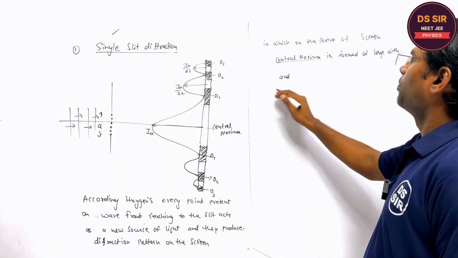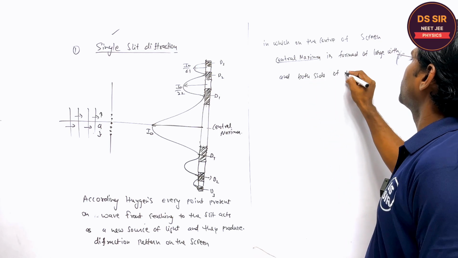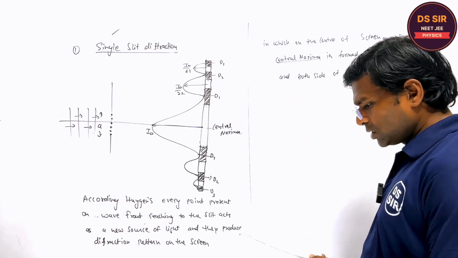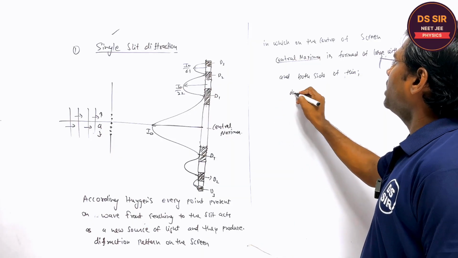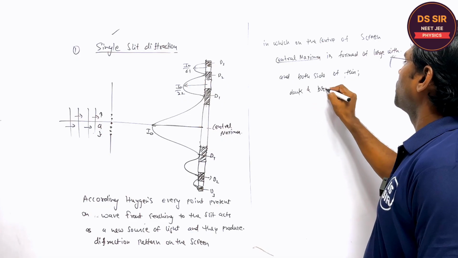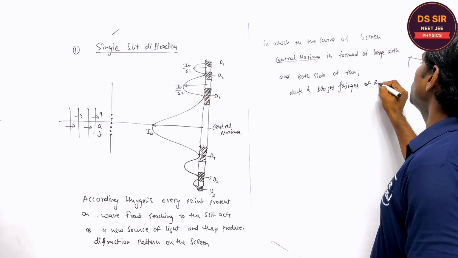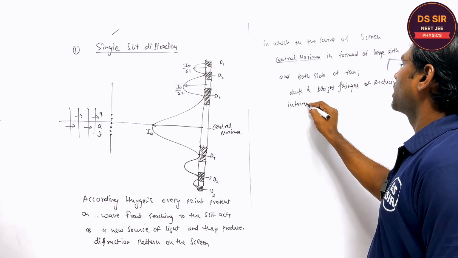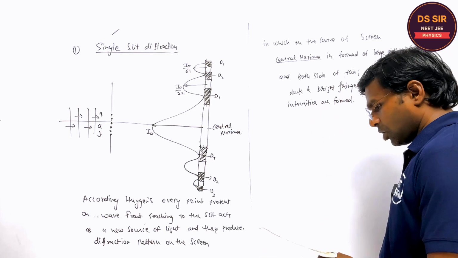And on both sides of this, dark and bright fringes of reducing intensity are formed. Is it clear or not?